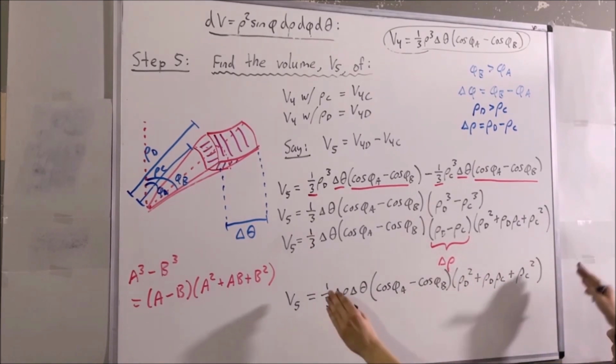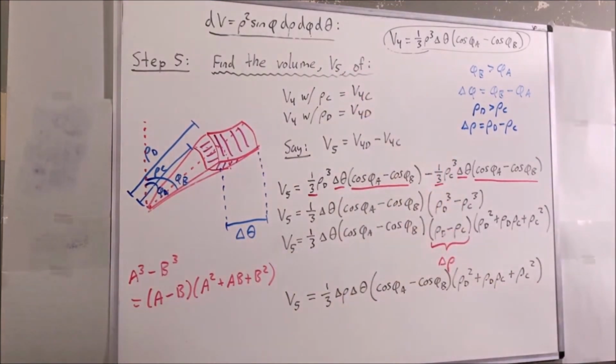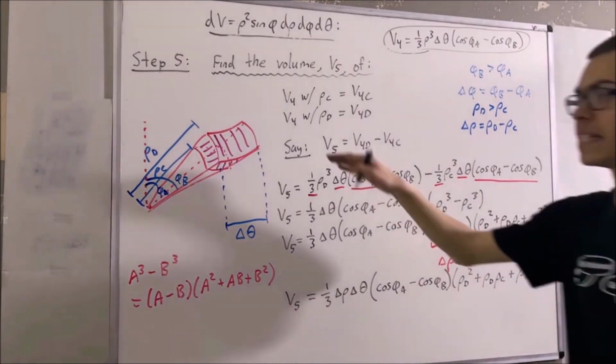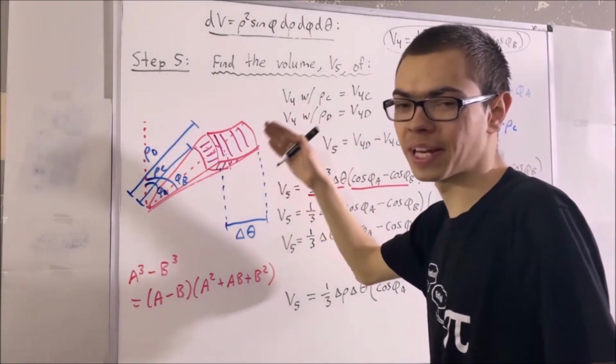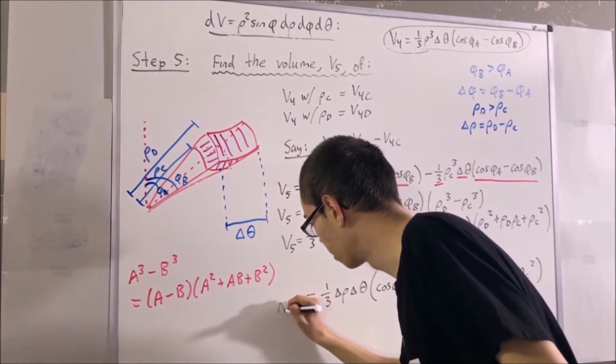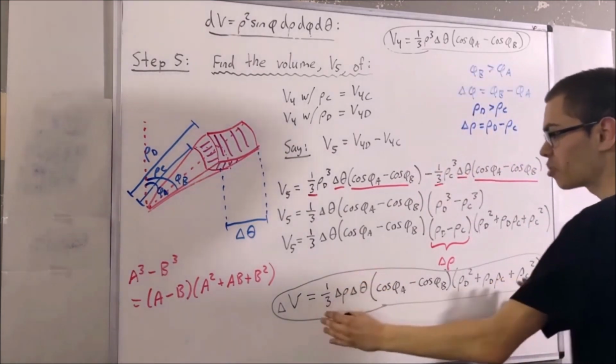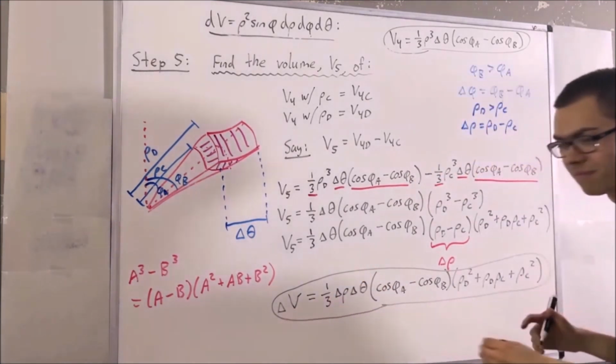This right here is as far as we're going to go for volume 5. And it turns out this is exactly the same volume that we were evaluating at the beginning of this video. So instead of calling this V5, I'm going to call it delta V. So this right here is delta V.